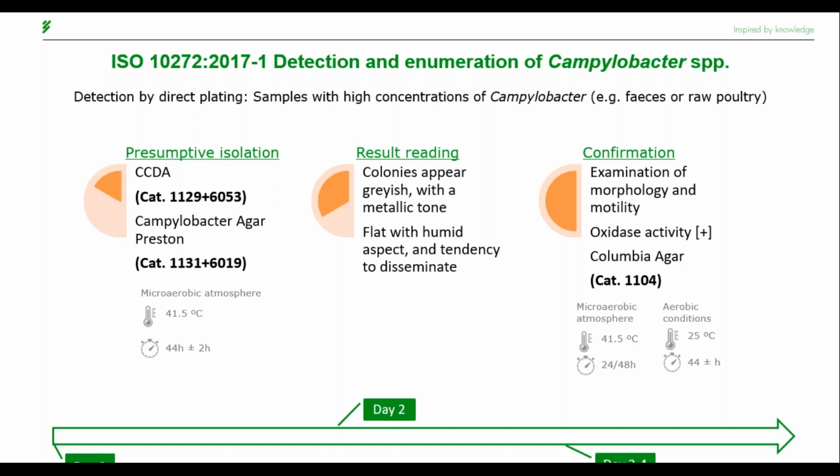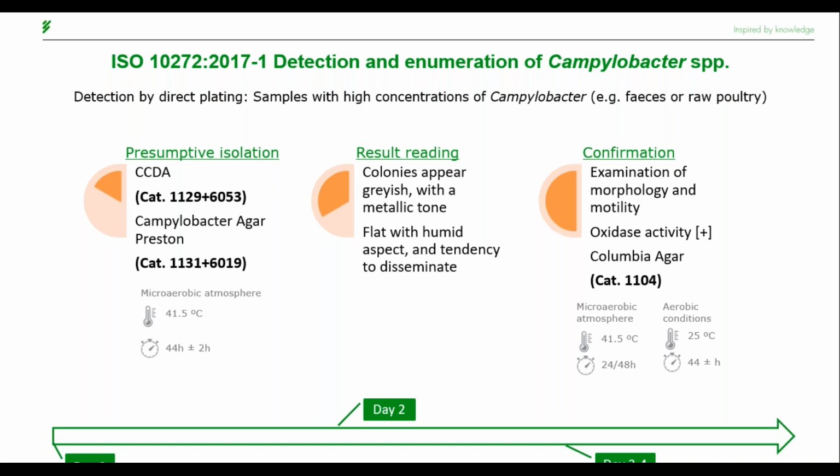Typical colonies are once again grayish on CCDA agar, often with a metallic sheen, flat and moist. And as we've indicated previously, both steps, result reading and confirmation, are the same as in the previous procedures.